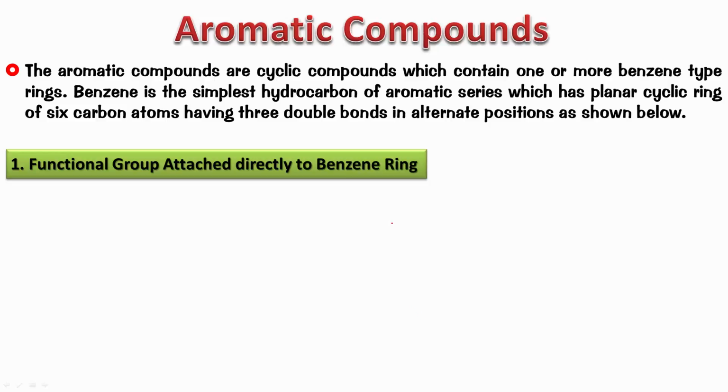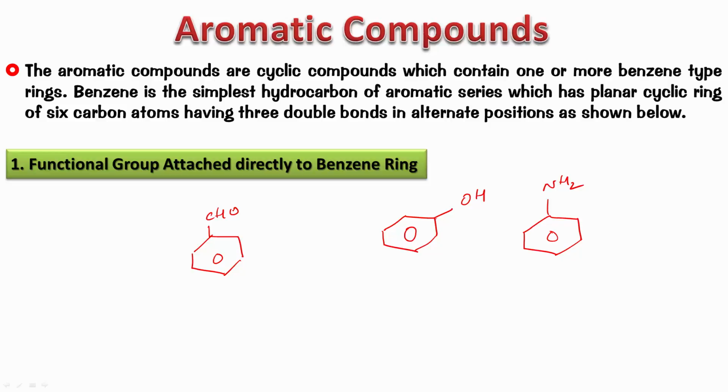So let's assume that you have a benzene ring and you have a functional group attached here. Something like this. Or perhaps NH2. Or perhaps a CHO. Now, how would you name these?